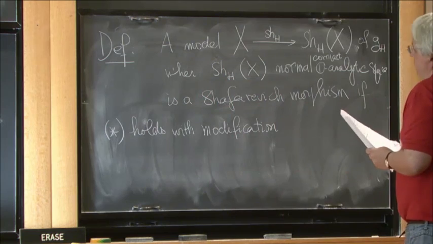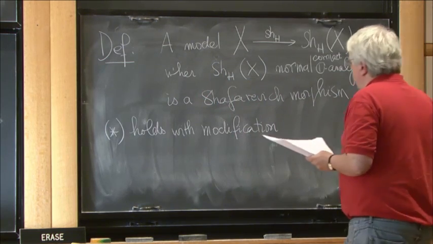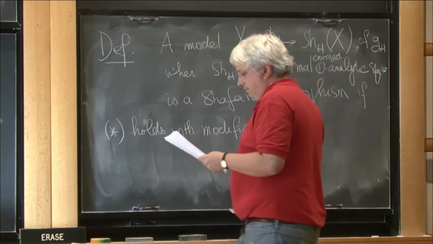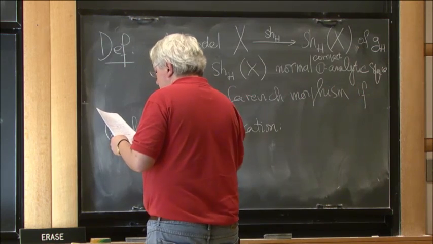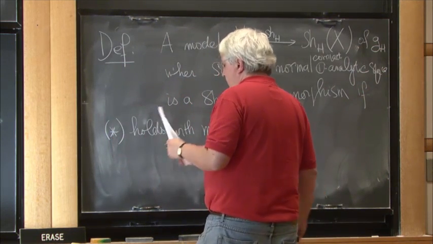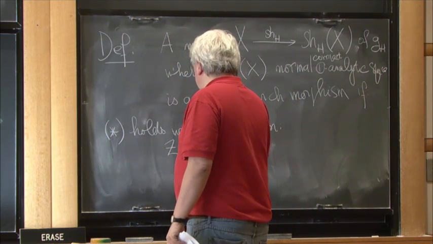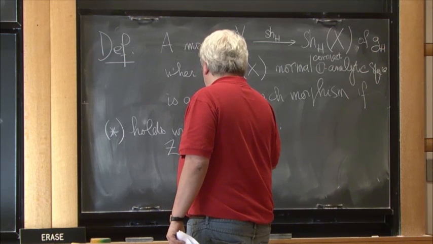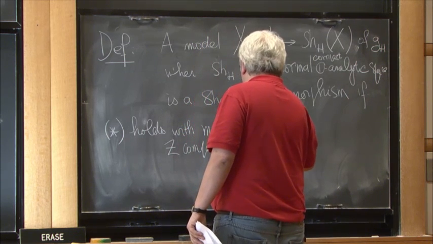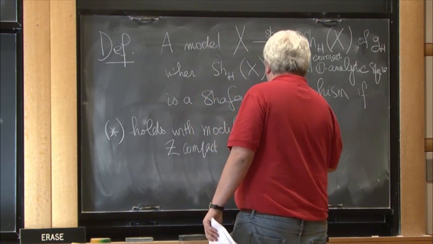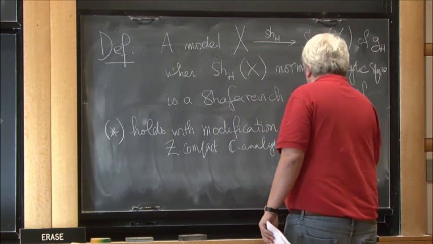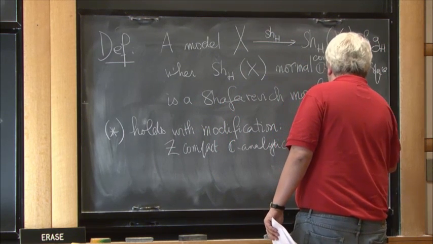Star has to hold with the following modification: Z should be promoted to be a compact C-analytic connected space.